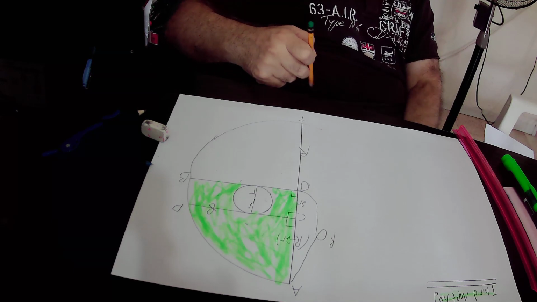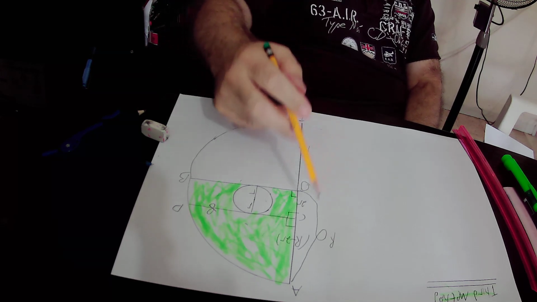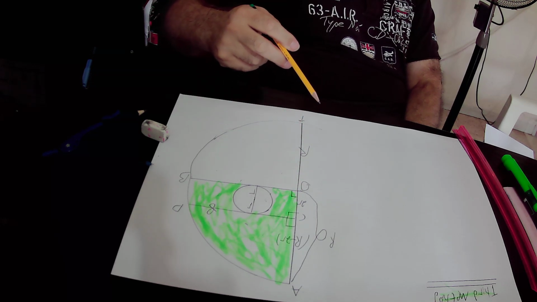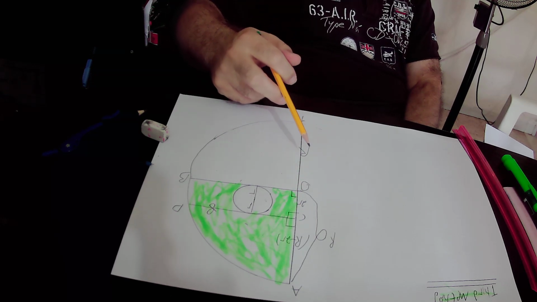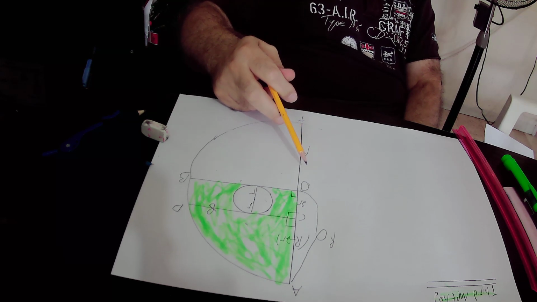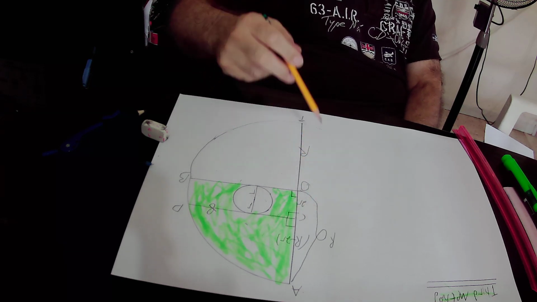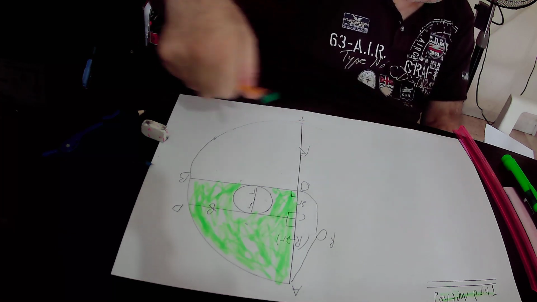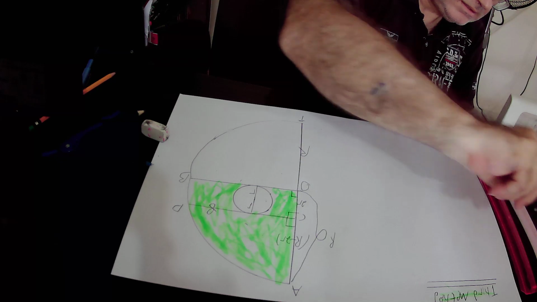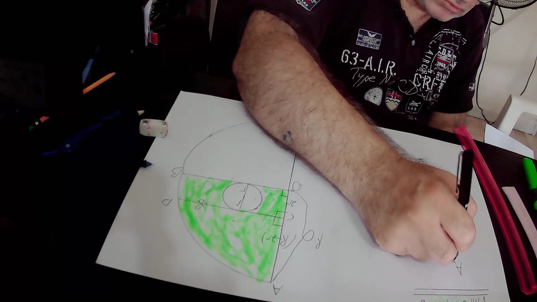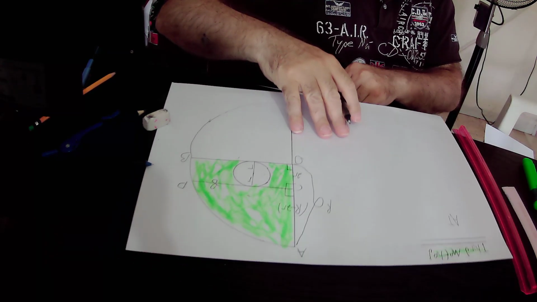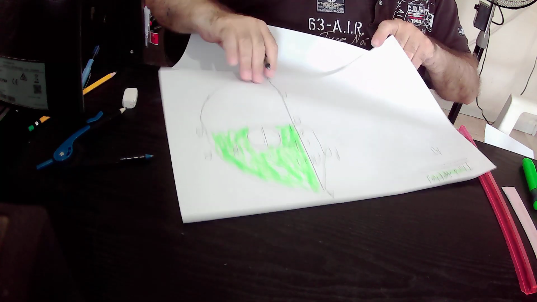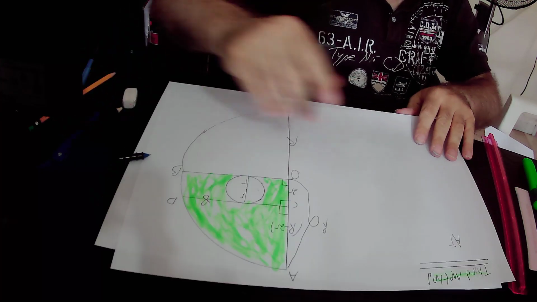Okay, so because chord AT is equal to 2 times capital R and passes through the center of the semicircle, that is to say point O, AT must be the diameter of the semicircle. I'll write it down. AT, that is equal to 2R, is the diameter of the semicircle.